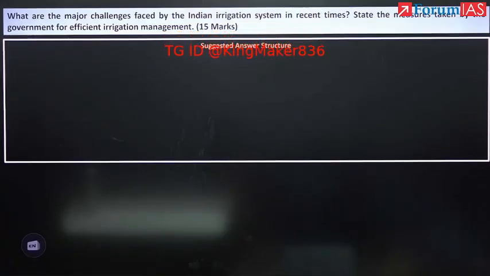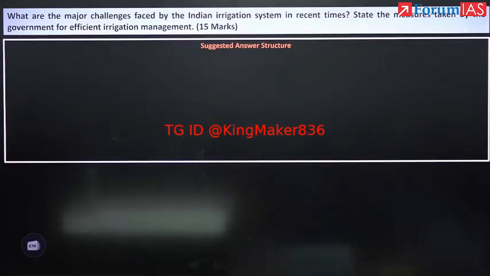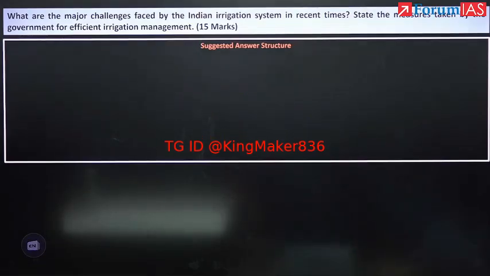What will you write in the present status? Write that statement. When you write the introduction, tell me, one or two statements, what will you write? The way I show you the suggested answer, you have to show it like that.